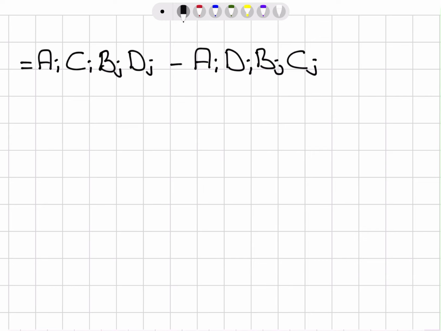If you write it like this, you can see if you put the parentheses here, what I have inside the parentheses are nothing but dot products.